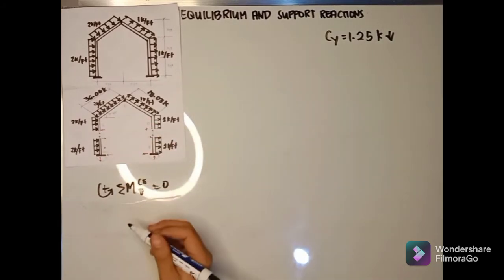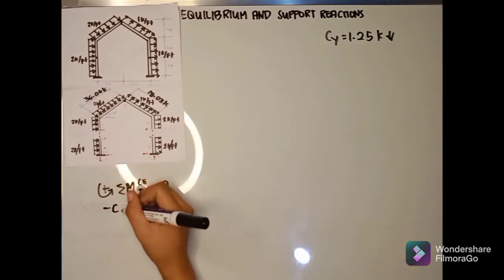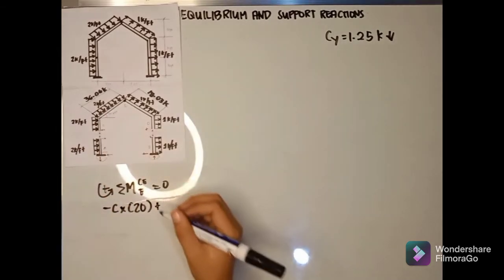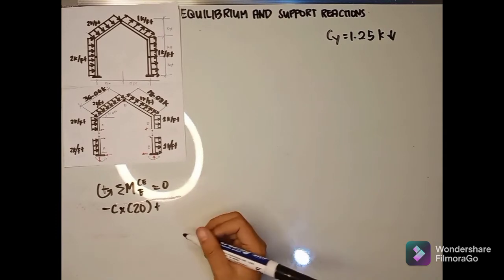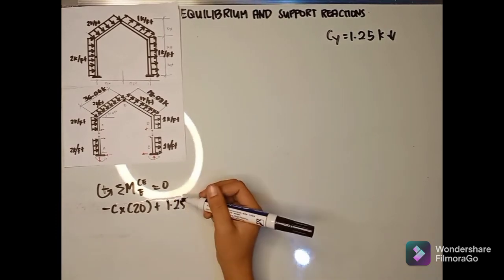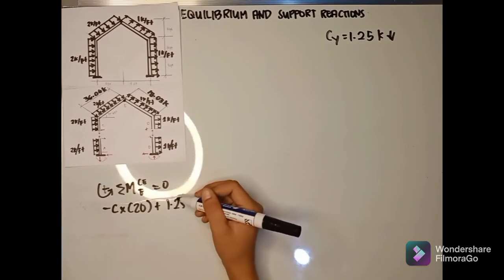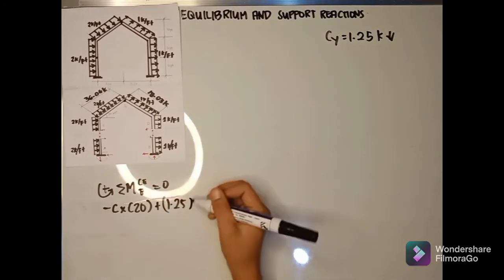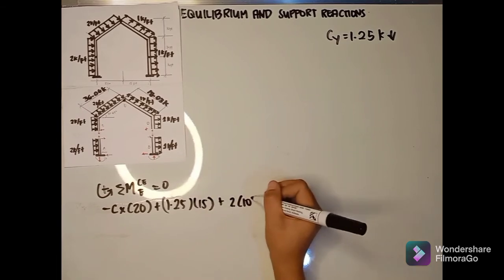So, negative Cx, its moment arm is 20, plus our Cy of 1.25 with a moment arm of 15, the distance from point E, 1.25 times 15, plus 2 times 10.